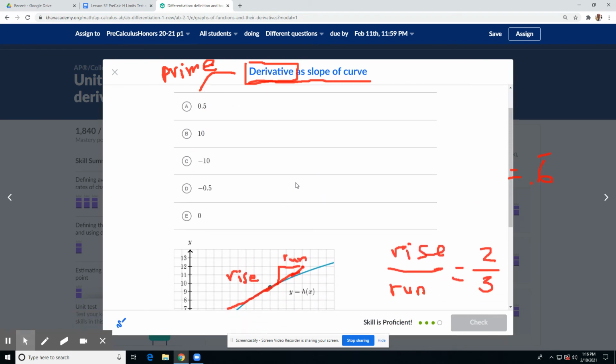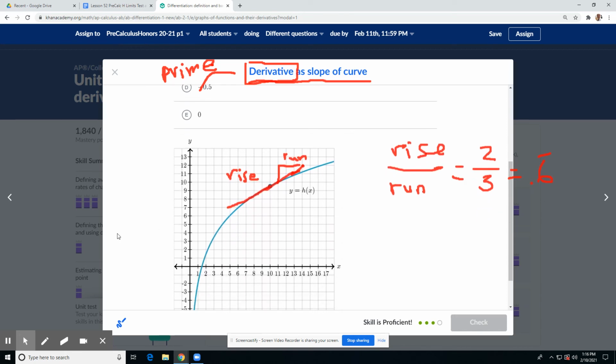So let's just go ahead and take a look at our answers here. So which one is this closest to, 0.66? Well, is it 0? Is it totally flat? Nope. Negative, is it angled downward? Nope. -10, is it really steeply angled downward? Nope. 10. So remember, you can always just calculate it if you want. 10 is equal to 10 over 1. If this were a test, I'd really want to make sure.